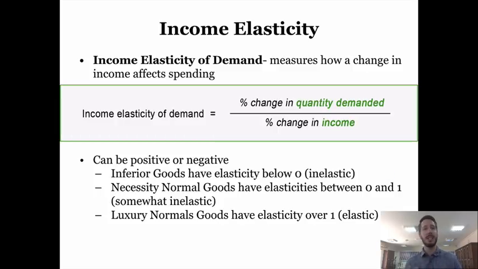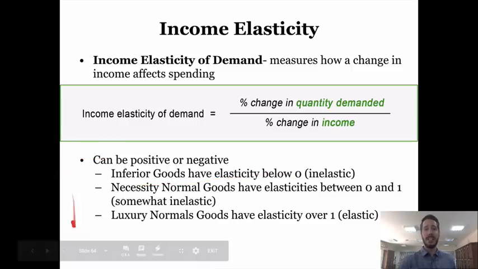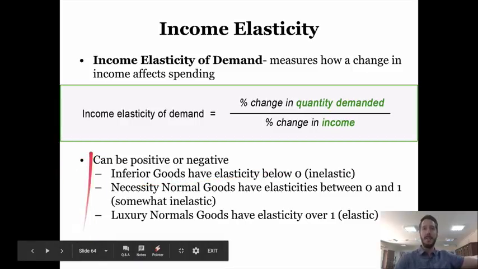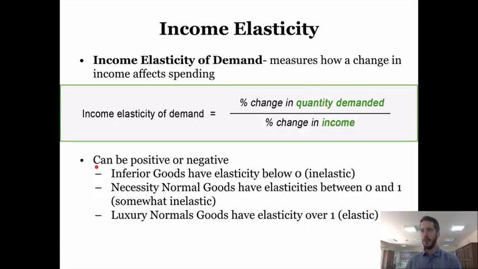So on the AP test or in class, if I say, hey, we're looking at a luxury normal good here, the number you're going to get needs to be interpreted a little bit differently than if you're just looking at a nondescript item like we had in the last video. So just note that. Don't freak out. But that's a little hurdle you got to get over.